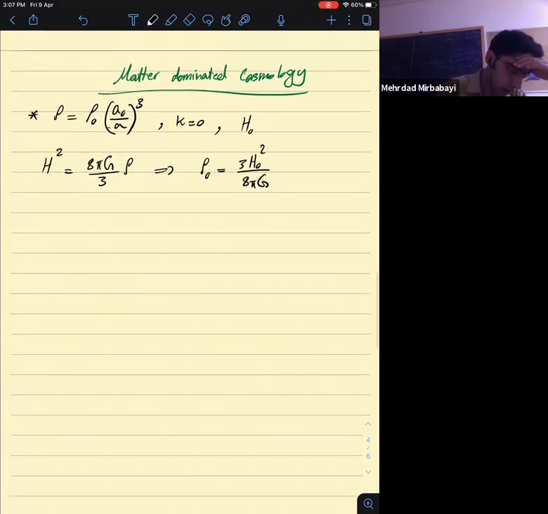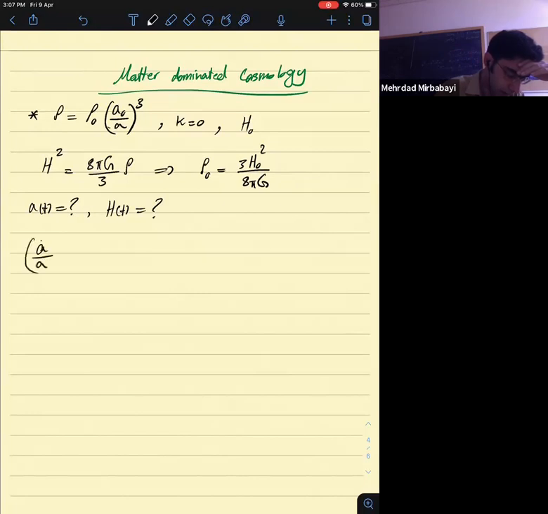So now what do we want to know? We want to know what is a of t, for instance, or more importantly, what is H of t. But of course, if we know a of t, then we can determine H of t. So that's the goal. This is a simple differential equation that we can solve easily.